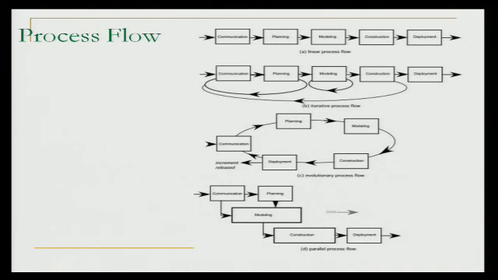There's evolutionary. Evolutionary is something where, again, you may not know exactly what you're developing, so you're going to evolve it over time. One example of this might be what's called an evolutionary prototype, where you're going to prototype the system to see if the thing can even work, and then as you learn more about that system, you may refine that or evolve that prototype into a final system.